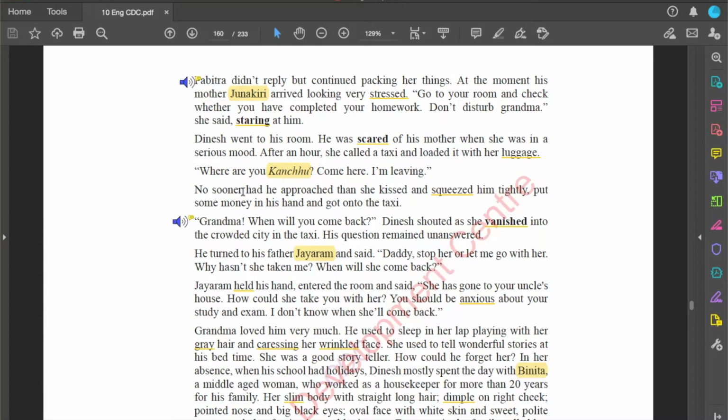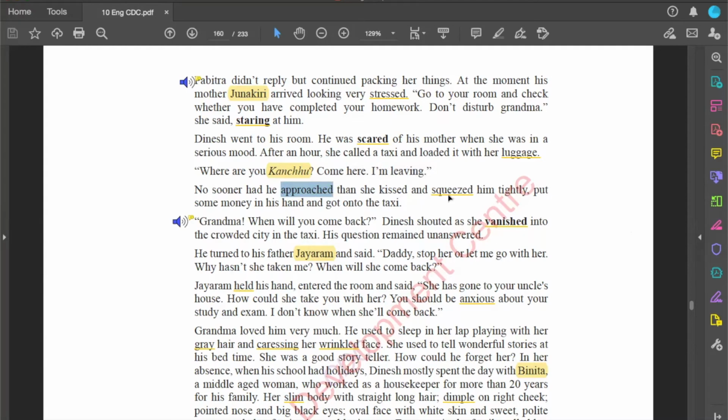No sooner had he approached, approached. What is this approach? Approach meaning is came near, okay? No sooner had he approached, then she kissed and squeezed him tightly.